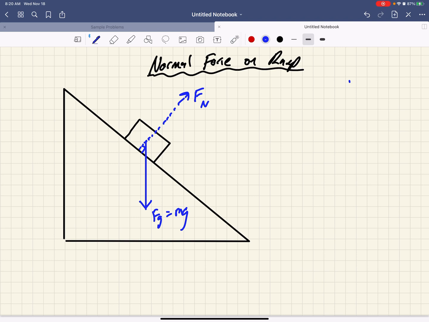Now notice right here, and this is super, super important, that Fn can't cancel Fg because they go in different directions.